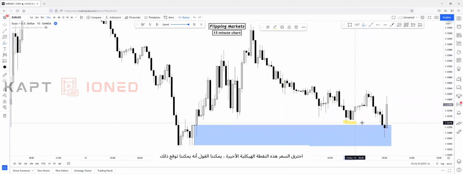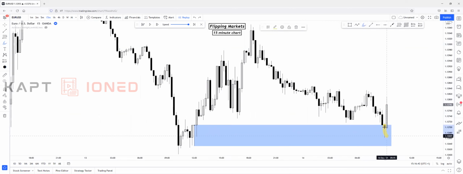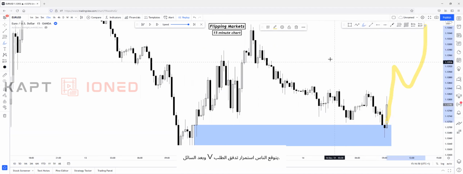Okay, price broke through this last structural point, we can say that. So we can expect a supply trade here if we are on the 1-minute chart. But we know that it was just a liquidity sweep and not a break of structure. And after a liquidity sweep, we will expect the order flow to continue.